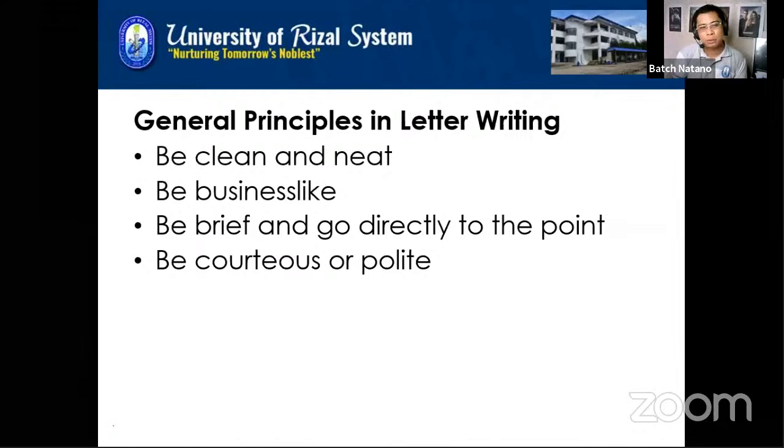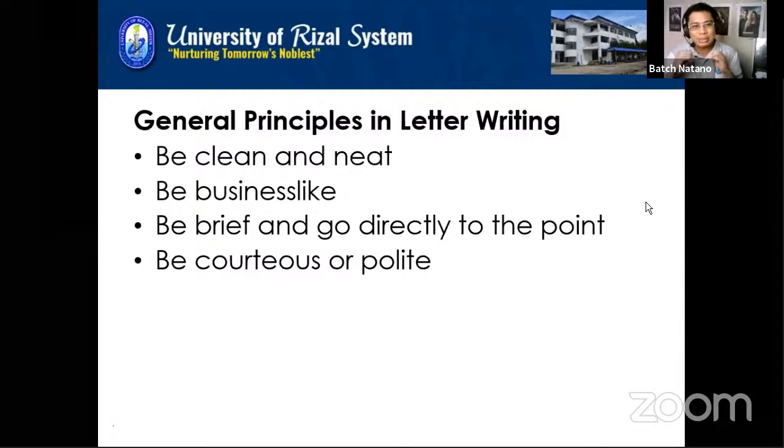Let's say the company where you are working purchased 100 boxes of bond paper. However, what was sent to you were only 90 boxes, short of 10 boxes.